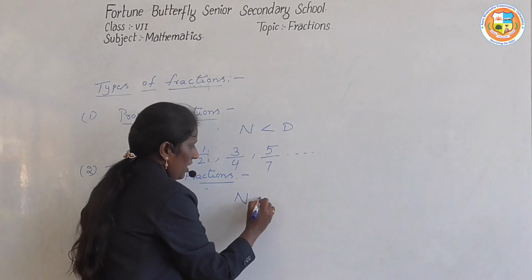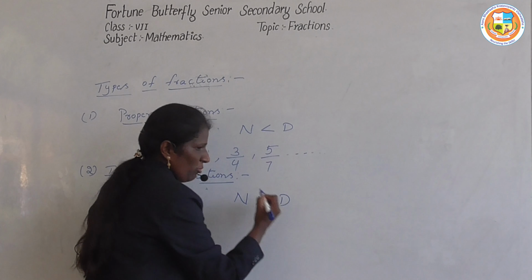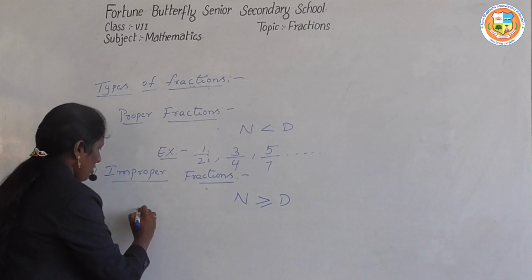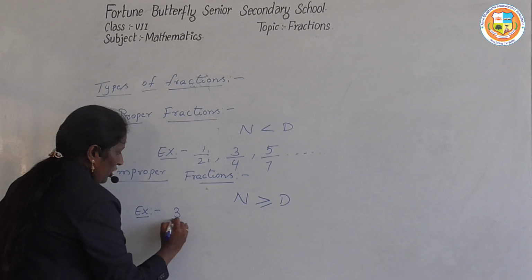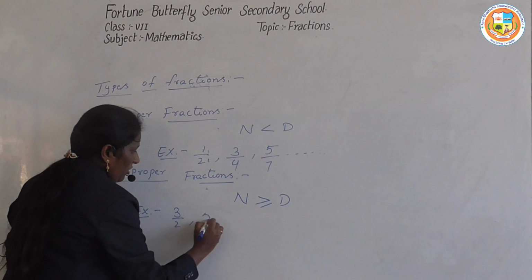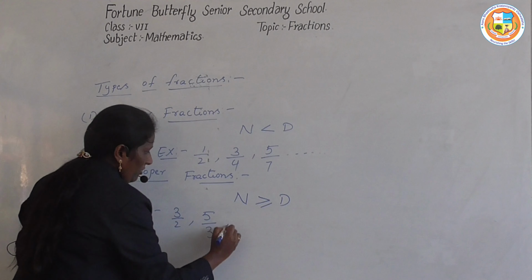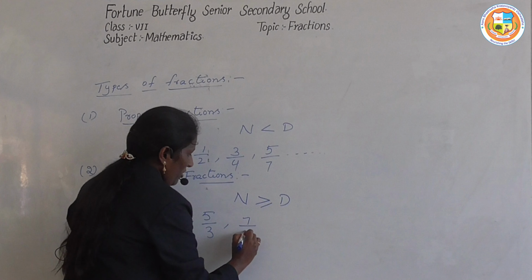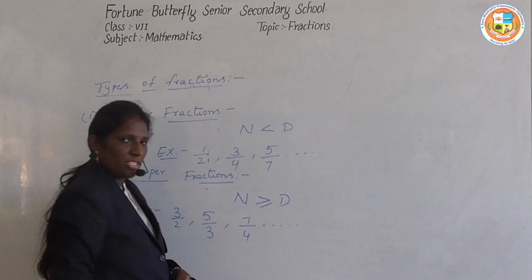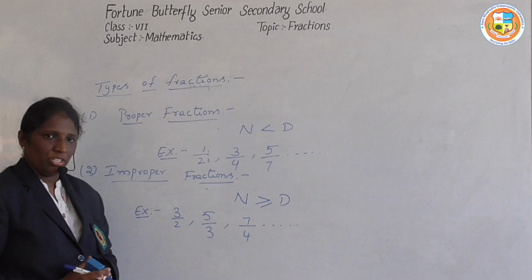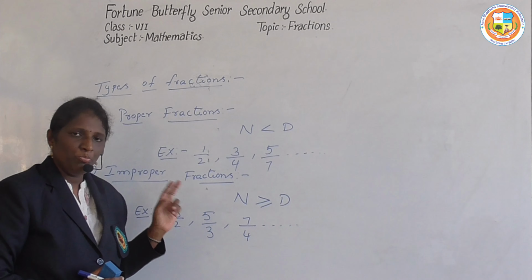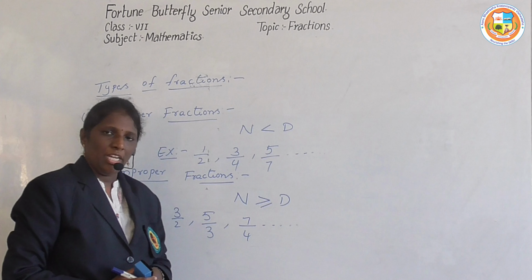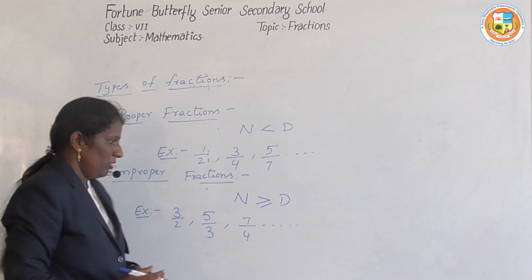For example, 3 by 2, 5 by 3, 7 by 4. These are examples of improper fractions. The value of an improper fraction is always greater than or equal to 1.